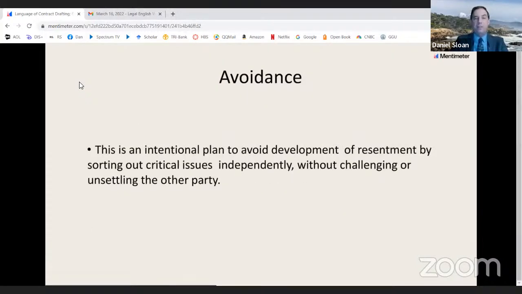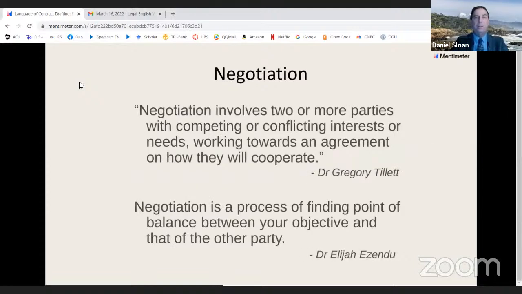Avoidance. So what is avoidance? Let's just start with that one. This is an intentional plan to avoid development of resentment by sorting out critical issues independently without challenging or settling with the other party. An intentional plan to avoid the development of resentment. So you want to keep your relationship and avoid the problem.